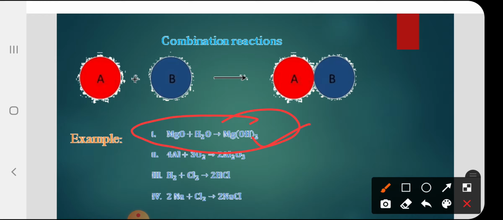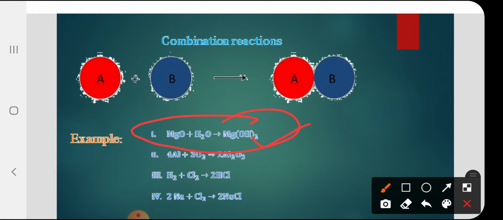So they all are combination reactions, and this is a very common reaction which you have seen many times in your lab. When we take a magnesium ribbon and burn it, we find a powdered substance, that is magnesium oxide. When we dissolve this magnesium oxide in water, it converts to magnesium hydroxide, and when we bring litmus paper near, you see that the red color of the litmus paper converts to blue.